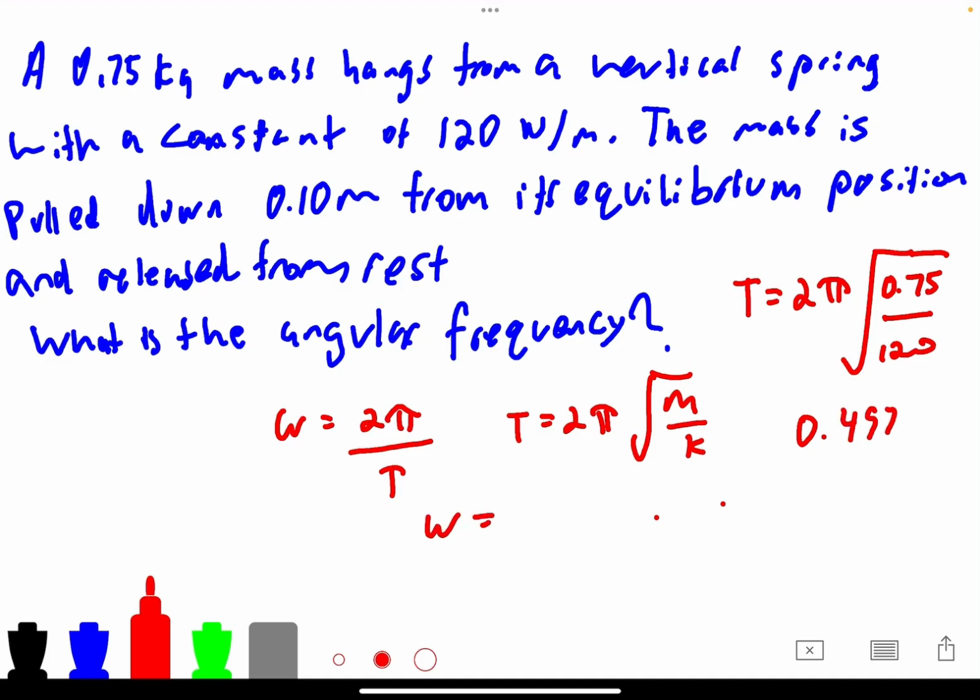So the angular frequency is going to be, we have to now plug it in here. 2 pi over 0.497, and the angular frequency is going to be around 12.64 radians per second.